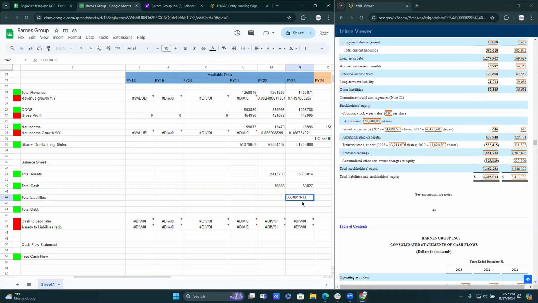So 36,263. Did I miss a number? Yeah, I did. 2. All right, there we go. And we're going to equal that. So then we got that. Then we're going to do this one.